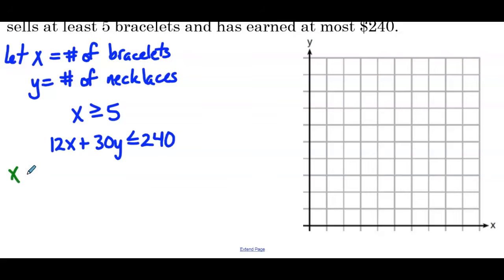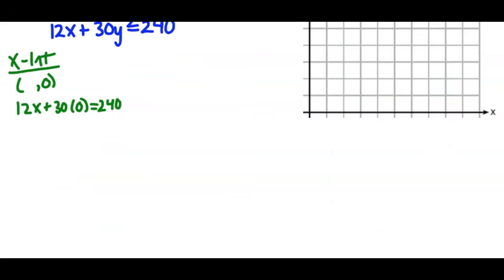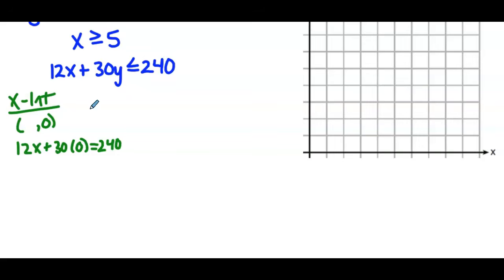So we'll start with our x-intercept. That's the point whose y-coordinate is 0. So we'd have 12x plus 30 times 0 equals 240. Notice we are changing it to an equation to solve for the x and y-intercepts of the line that's part of this inequality.